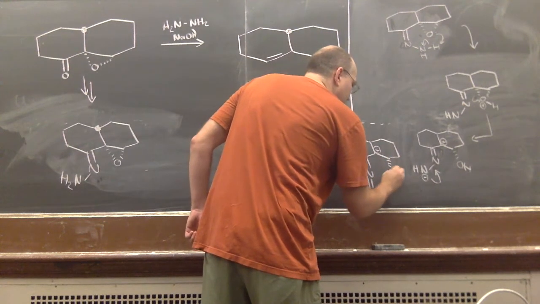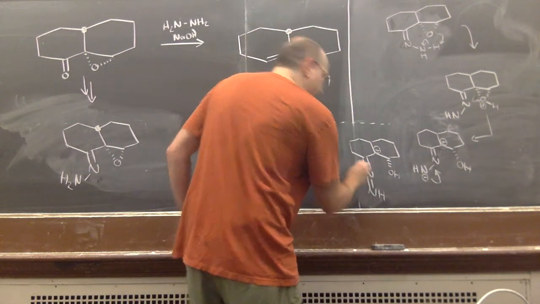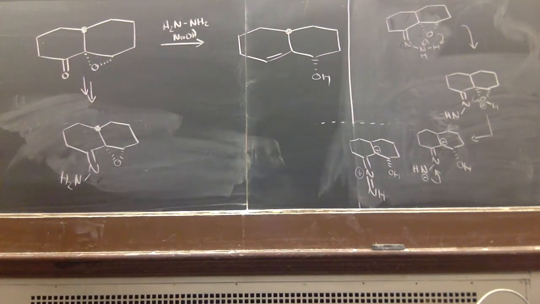And then they drew the molecule like this, and they ended up putting a positive charge on that nitrogen. So what is wrong with this mechanism?